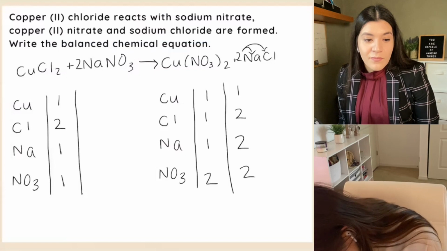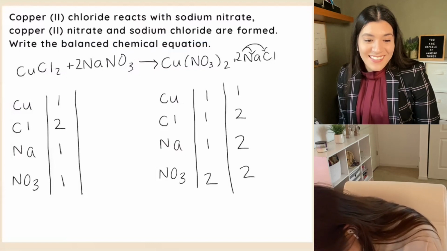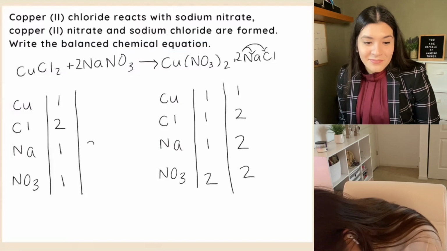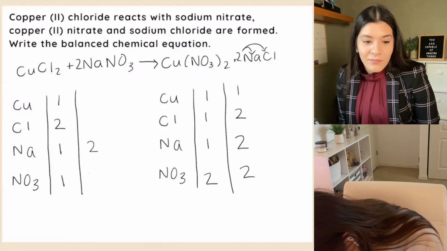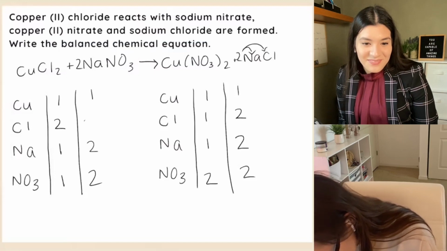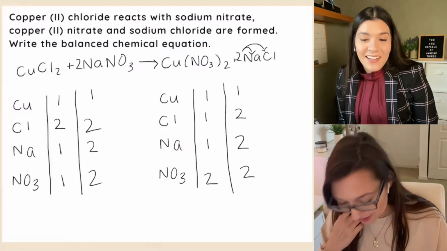Oh wow, how nice is this? So then it becomes a 2. Okay, I was making sure I was seeing that right. Wow, that was really that easy. Okay, now we're good, right?